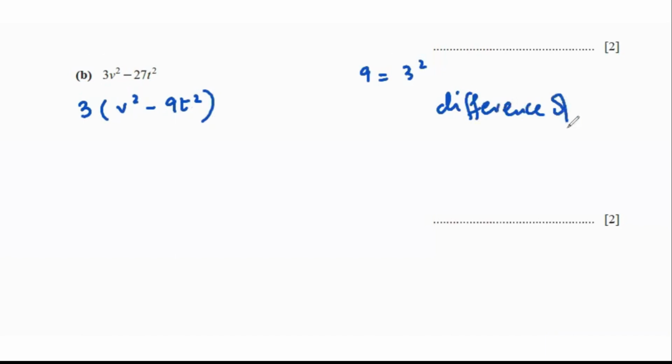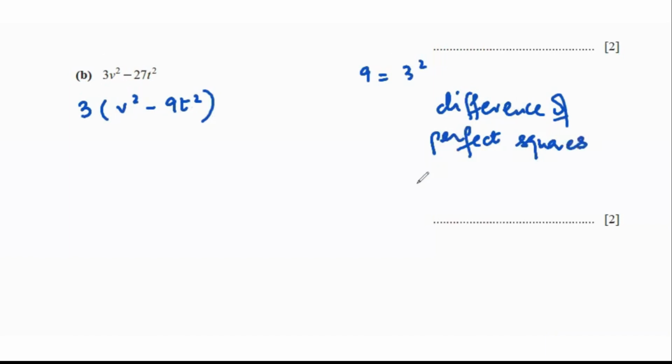Then 3V square minus 27T square. We know 3 and 27 come in the 3 times table. So 3 bracket V square minus 9T square. Now, as you can see, V is being squared, 9 is 3 square, and T is also being squared. So this is a difference of perfect squares.